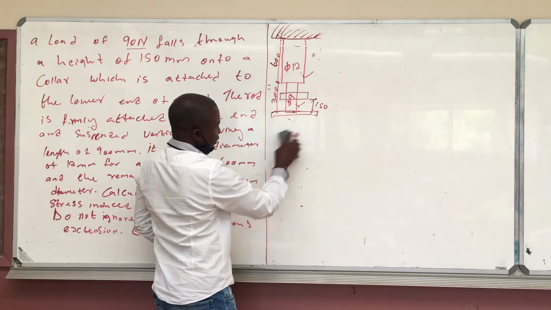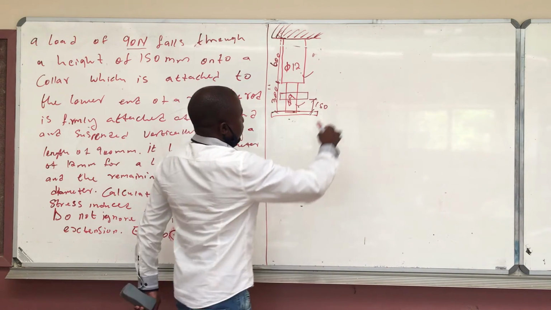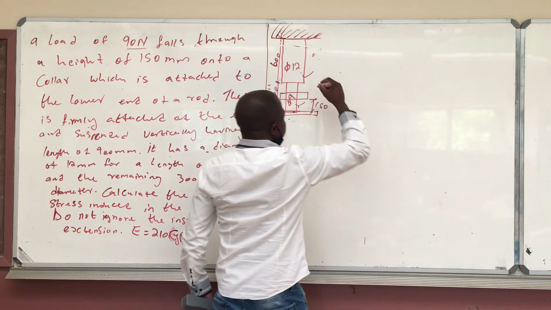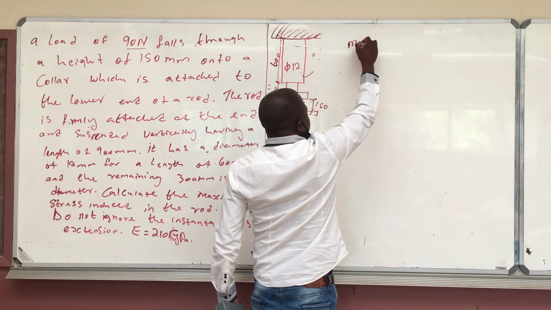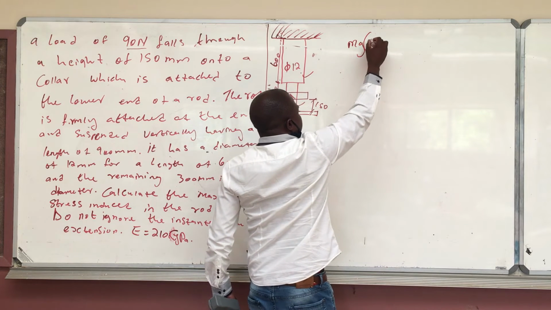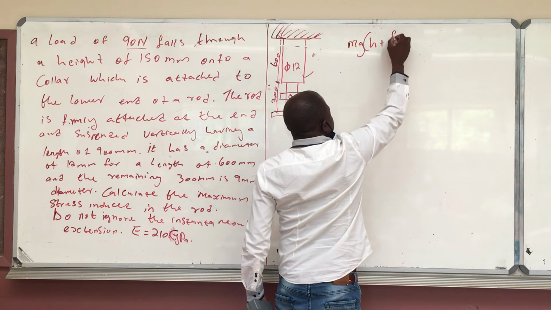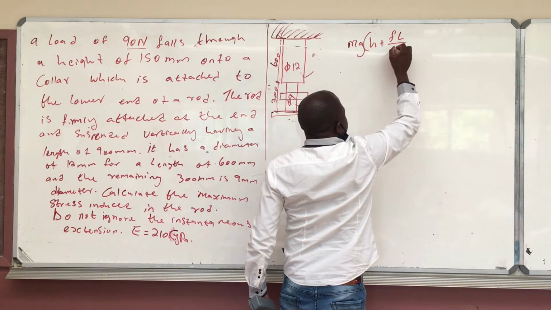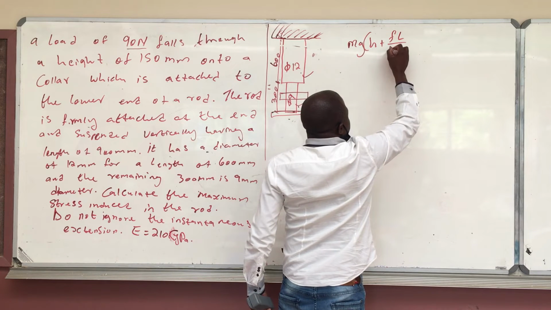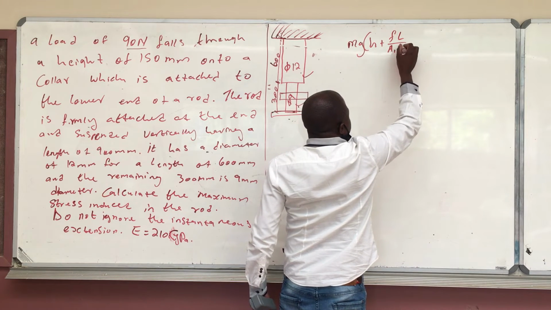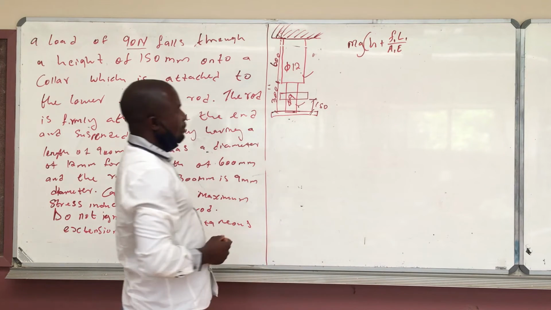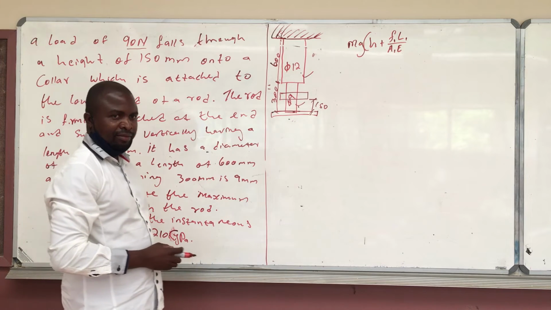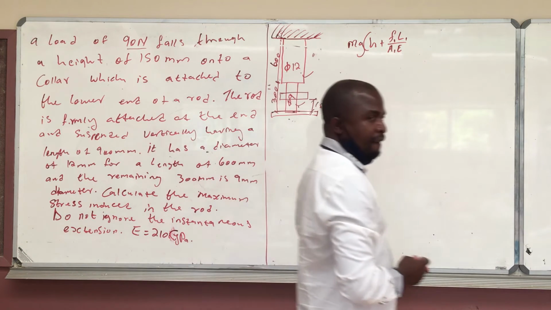Okay, let me write here. Under shock load, we have mg(h plus delta) equals F L1 over A1. Is it not the same? It's the same, yes.